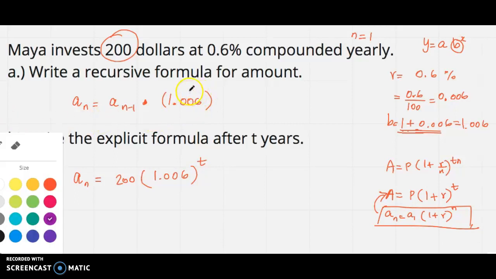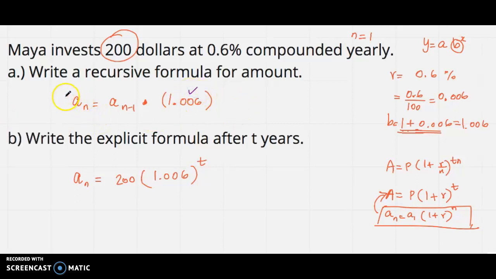All I have to do is plug it over here. an equals an minus 1 is true for every recursive formula. All you have to do is put the parenthesis there. When it's explicit, you substitute for a1 and you substitute for the base, plug in the numbers and just write out the formula. That's all you got to do.